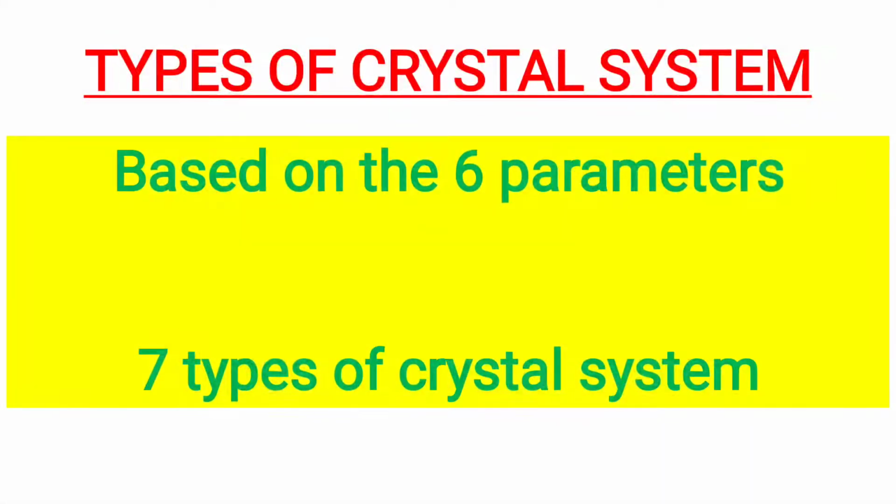With this idea, let's move on to understanding the types of crystal system. Based on the 6 parameters, that is, based on the values of alpha, beta, gamma and the edges a, b and c, we have a total of 7 types of crystal system.